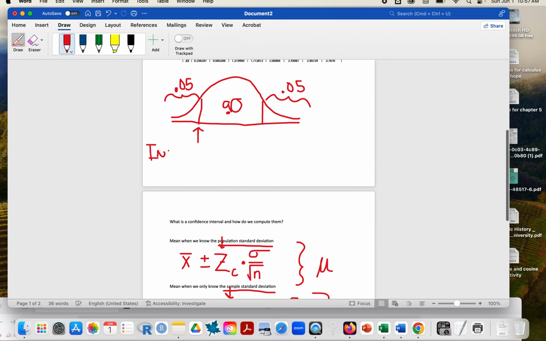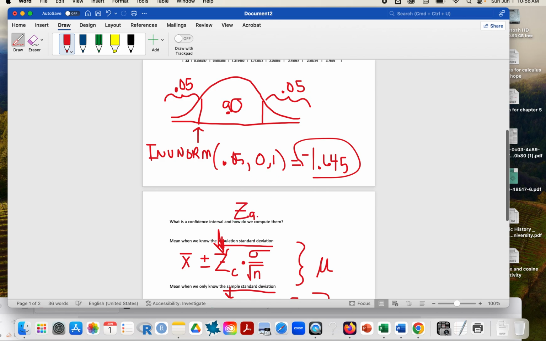So INV norm, and then you're going to use 0.05 as the area, and then the mean is 0 and the standard deviation is 1, and you're going to get a negative 1.645. So it's helpful to draw this little sketch, and this negative 1.645 is the value that goes here in that z sub c. It would be written z sub 95.